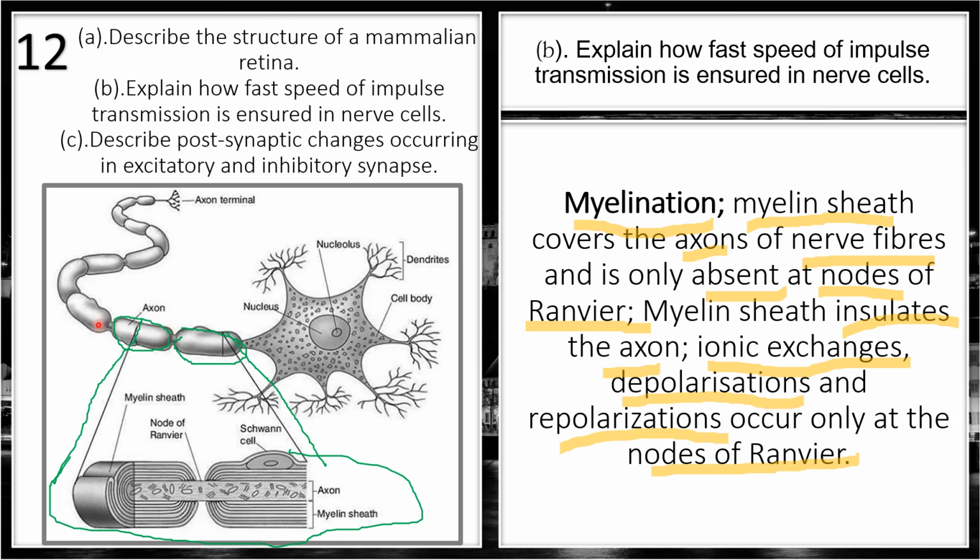The impulse will just be jumping from one node of Ranvier to another node of Ranvier instead of passing through the axon directly.